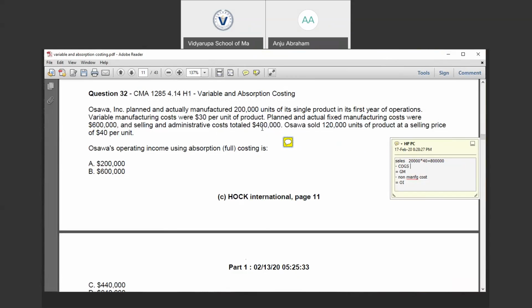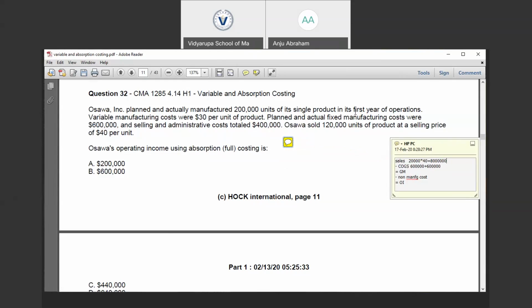Variable manufacturing cost is 30 per unit, so 30 into 200,000 we get 600,000, plus actual fixed manufacturing overhead was 600,000. So 600,000 plus 600,000. 200,000 into 40 is going to be 8 million. So 8 million minus, we have to take 120,000.